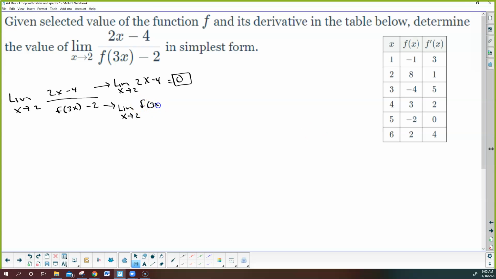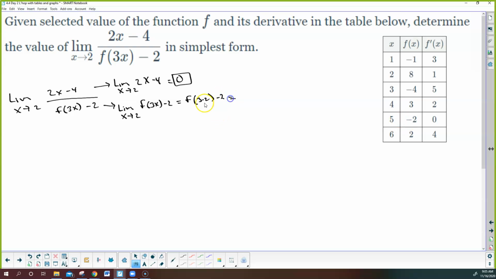And then we're going to evaluate the denominator. We're going to evaluate that when x goes to 2. All right, so this is just substitution.